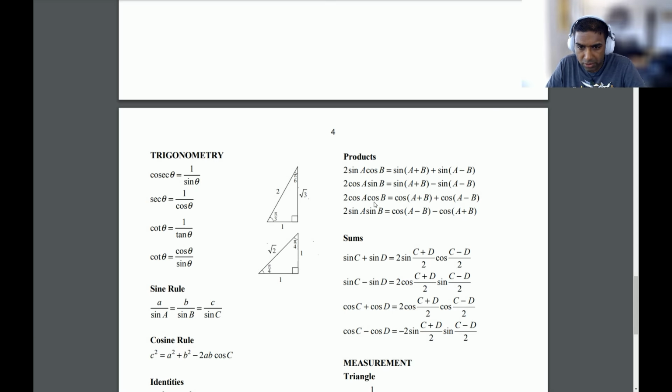So we've got 2 cos A cos B. Let me just put that down there somewhere. So 2 cos A cos B is the one that I'm going to be using. 2 cos A cos B equals cos of A plus B plus cos of A minus B. So this particular one is the one that I'm going to be using.